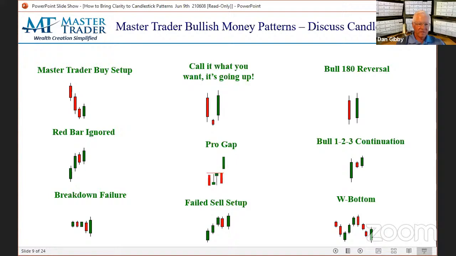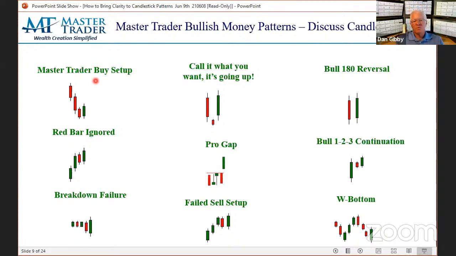I love showing this slide in whatever MT Live we're talking about, because I'm not showing you the trend, support, anything. These are all individually bullish setups, every single one of these. And pictures like this should be in your trading plan. I call them animals.